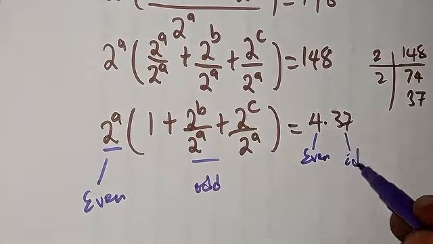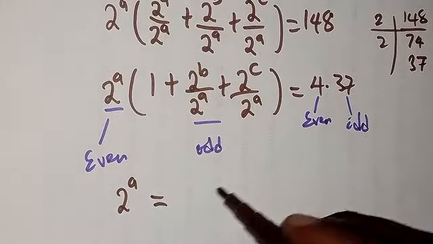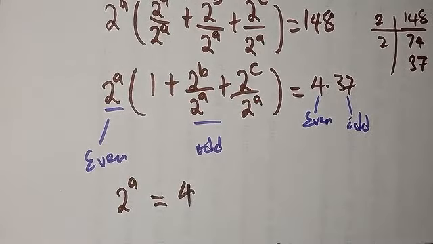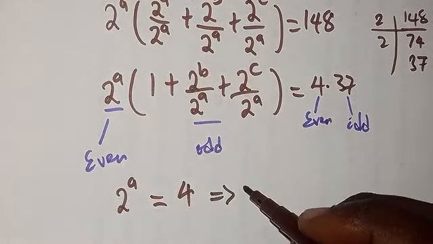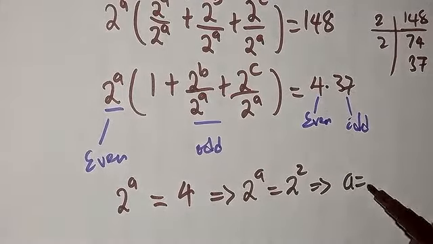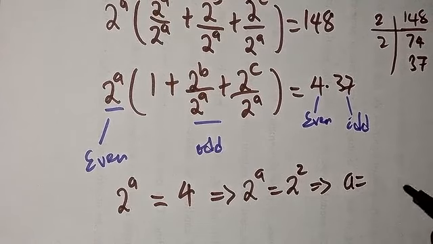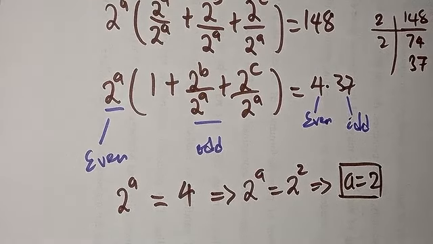So therefore we are going to do a comparison. The comparison we are going to do is, we can see that 2 to the power a equals 4, right? So if 2 to the power a equals 4, this implies that 2 to the power a equals 2 to the power 2, which implies that a equals 2. So we have the first solution, a equals 2.